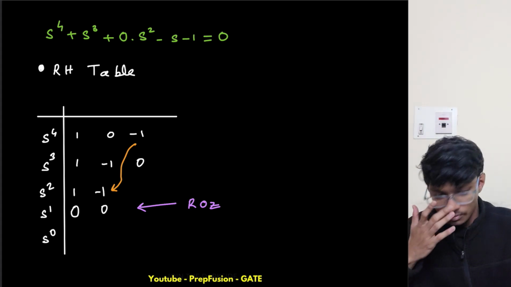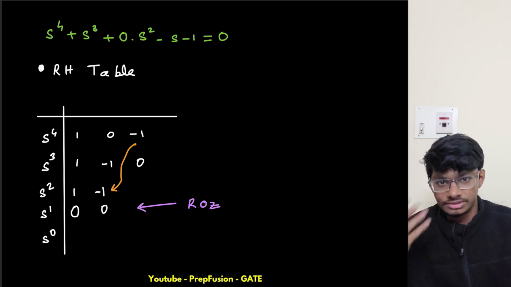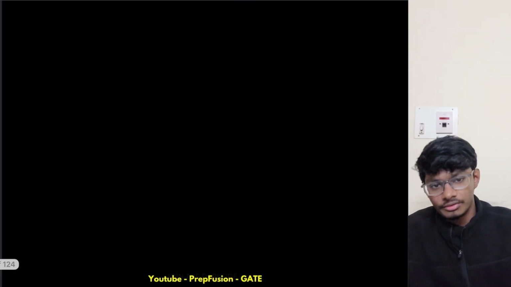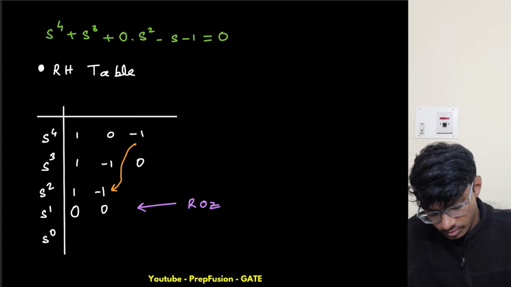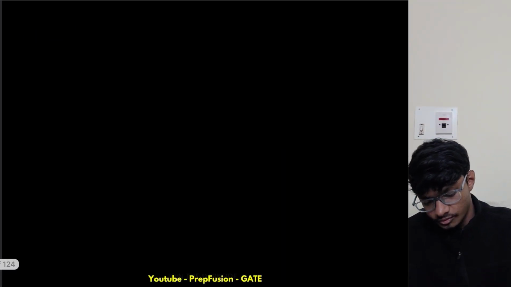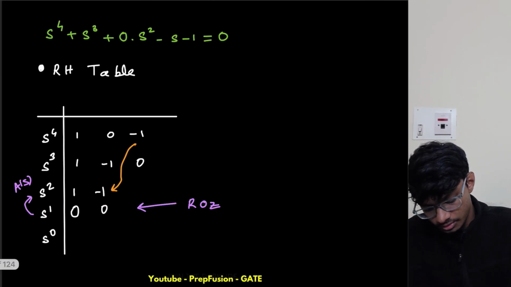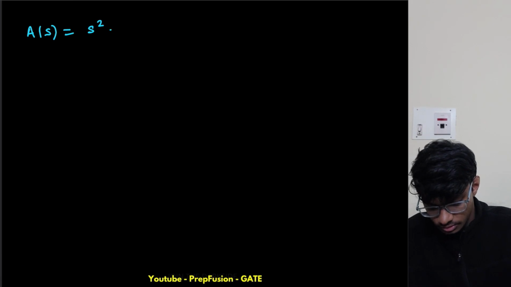If this one is a row of 0, again we have to use the auxiliary equation. So basically I will write my auxiliary equation. This one will be my auxiliary equation. So what is my auxiliary equation? Auxiliary equation equals S square minus 1.